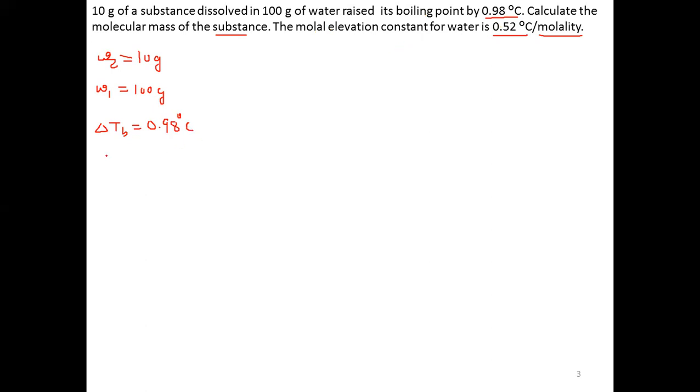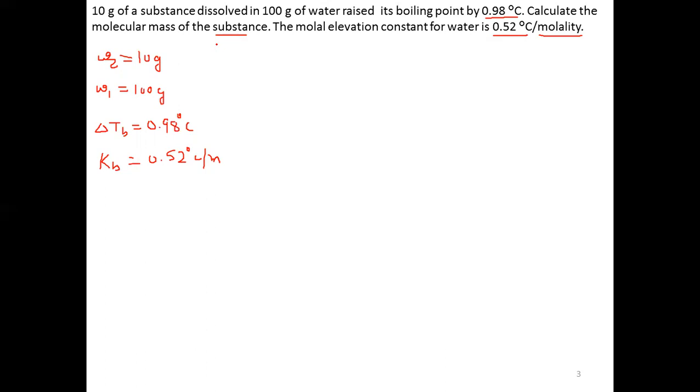Next thing we are given is its Kb, the molar elevation constant. We denote it by Kb. Kb is equal to 0.52 degrees Celsius per molality, small m. I will denote molality by small m. Now we have to calculate the molecular mass of the substance.